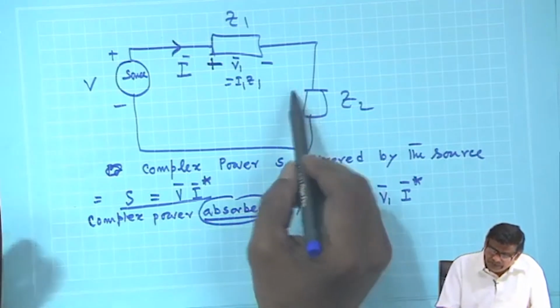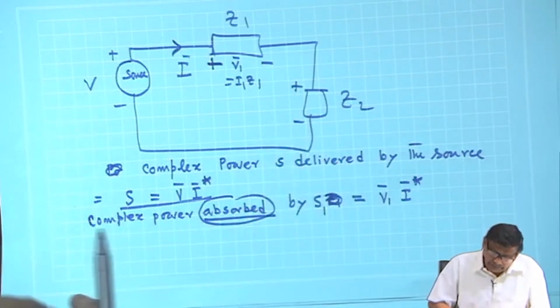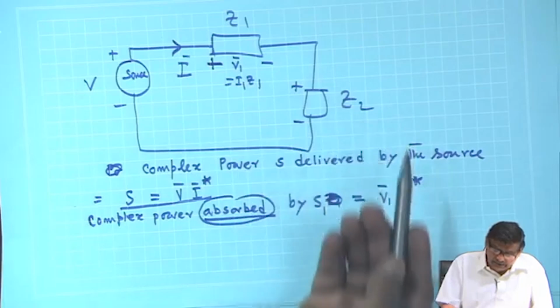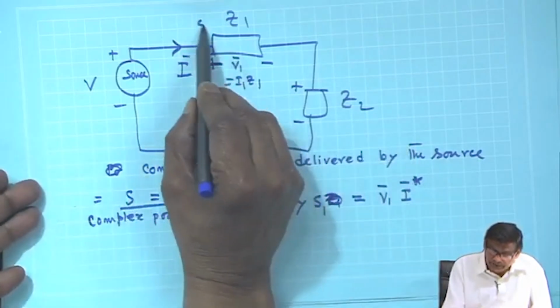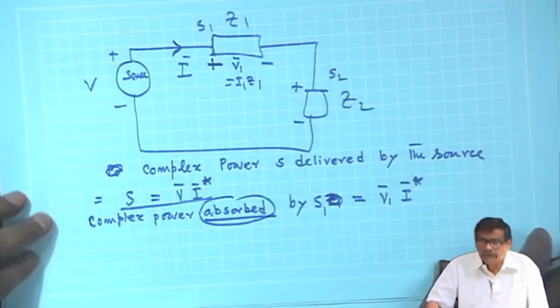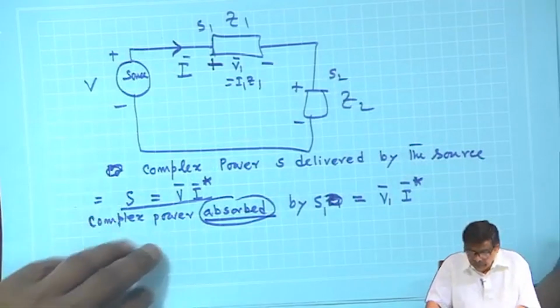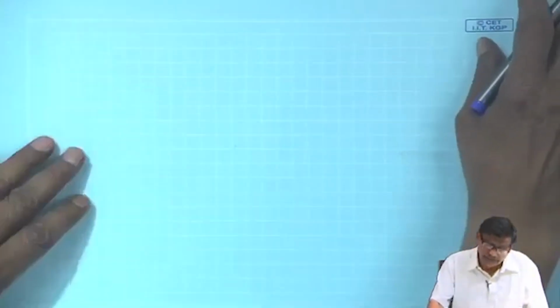Similarly for Z2 it can be done. You can easily show that S delivered by the source will be equal to S1 plus S2. This is what I will be using to calculate the power. So, how to calculate the expression for power for this synchronous machine?